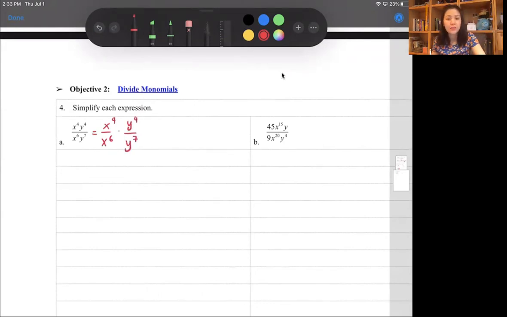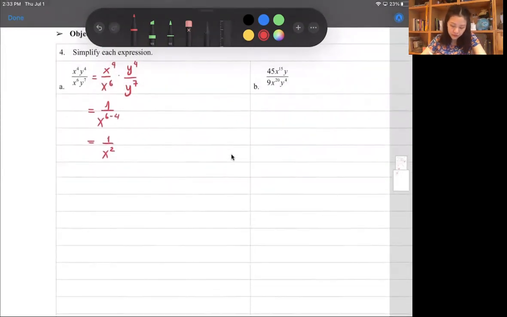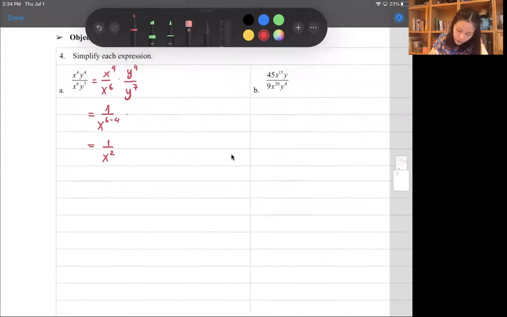Now I can simplify the x separately and simplify the y separately. So x to the 4 divided by x to the 6. The degree of the denominator is bigger than the degree of the numerator. So this is equal to 1 over x to the 6 minus 4, which is 1 over x squared. Times y to the 4 divided by y to the 7.